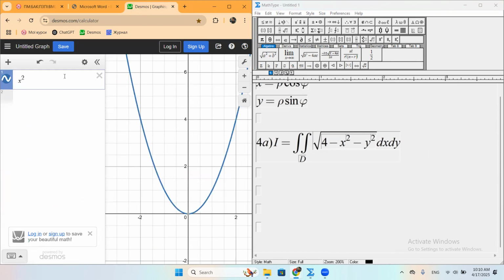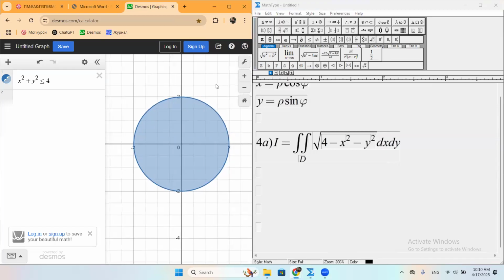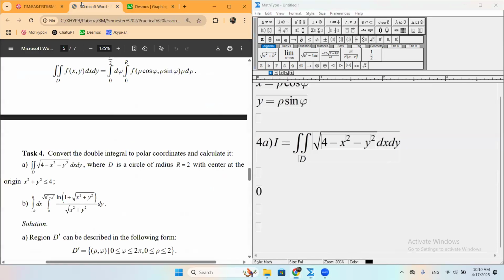Actually, I don't know if we really need a plot, but let's do it. Such a round region. So how can it be described? Yeah, so no more additional information.